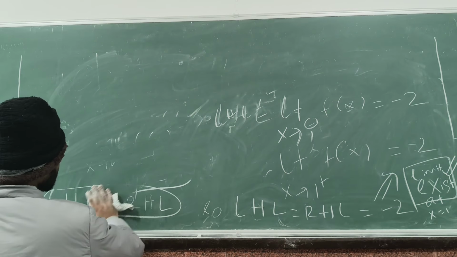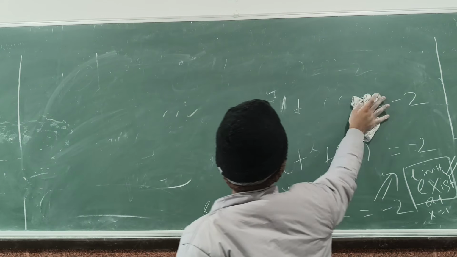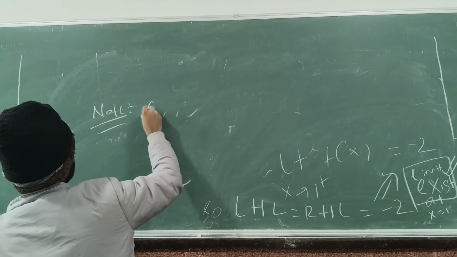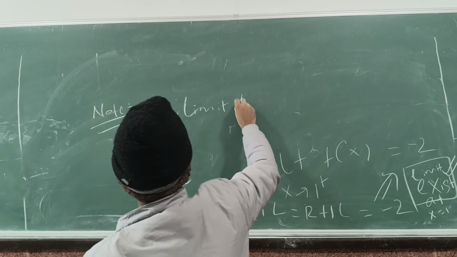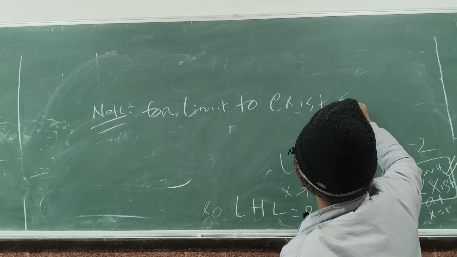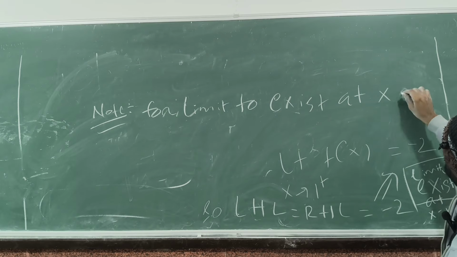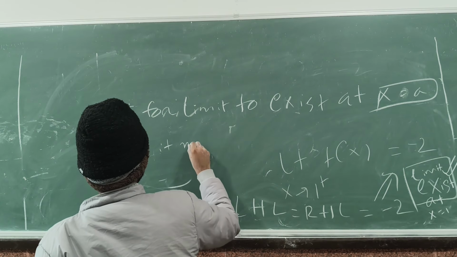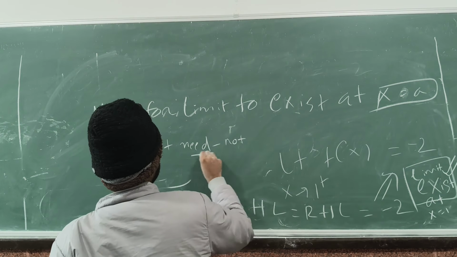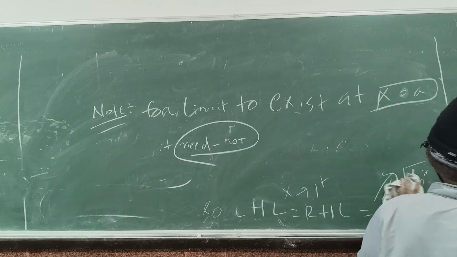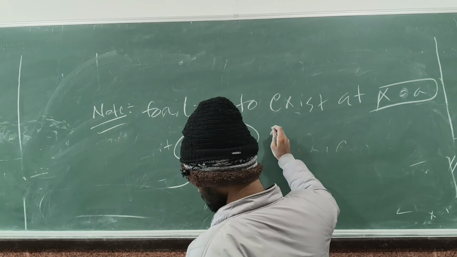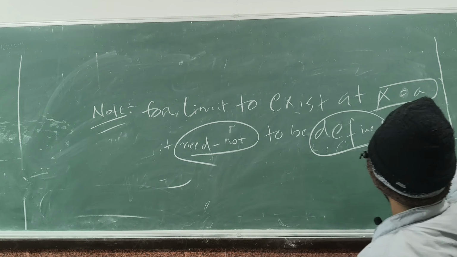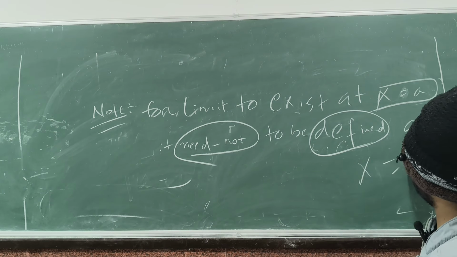Here you should note one point. This is a note point: for the limit to exist at x equals a, the function need not be defined at x equals a.